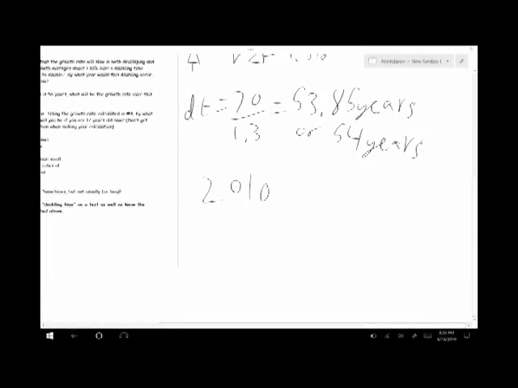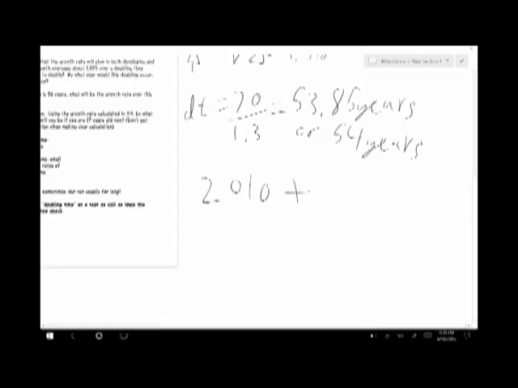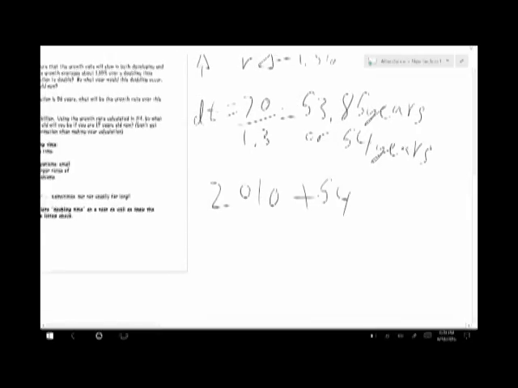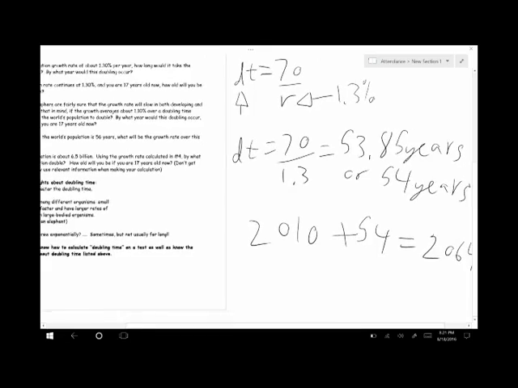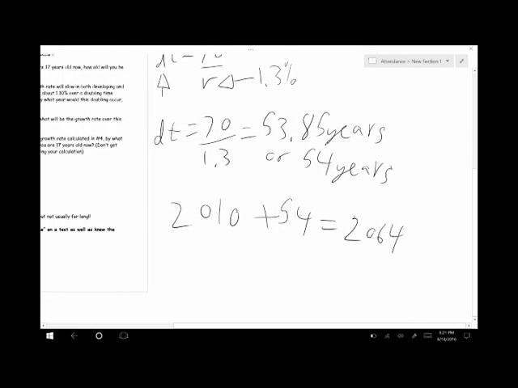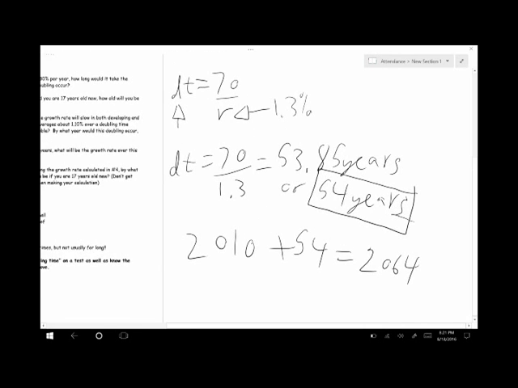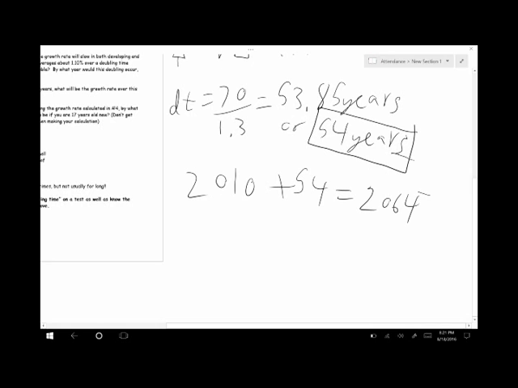So we have 2010 plus 54 years later, which will give us 2064. So that's our final year. So that's how we solved for number 1. Our answers for number 1 are 54 years for how long, and the year is 2064.